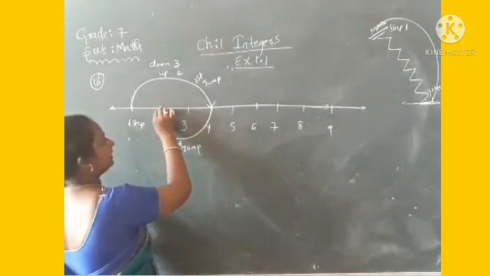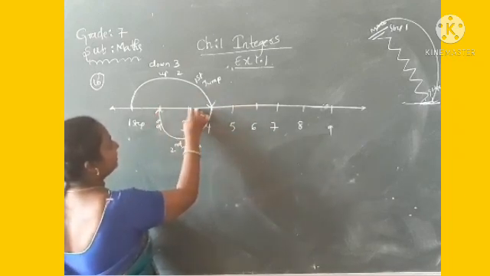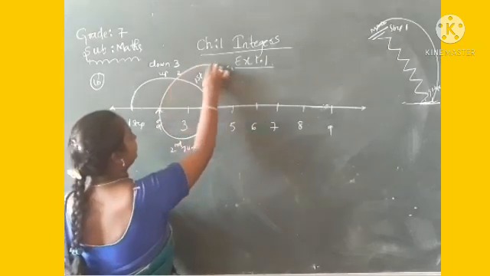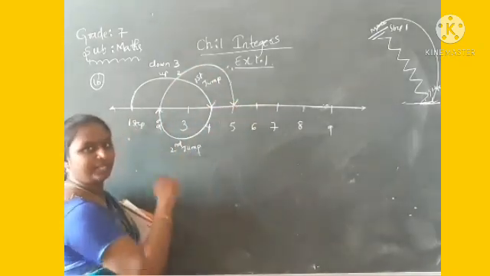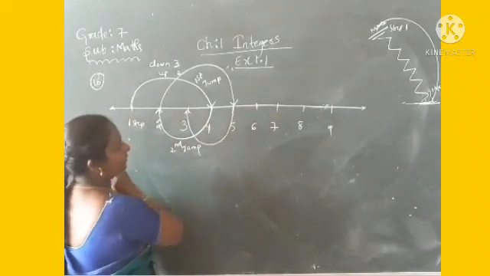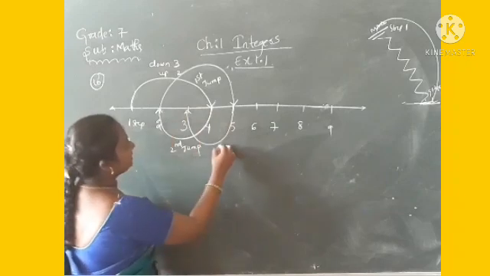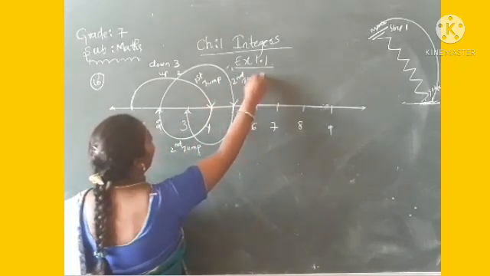So again 3 steps down, that is 1, 2, 3. 3 steps down means the monkey is at 5. After that 2 steps up. So this is the second jump.